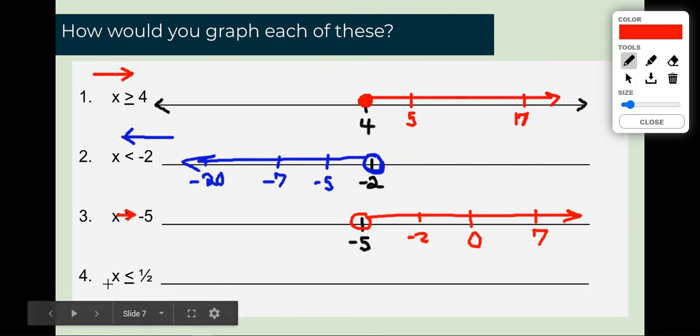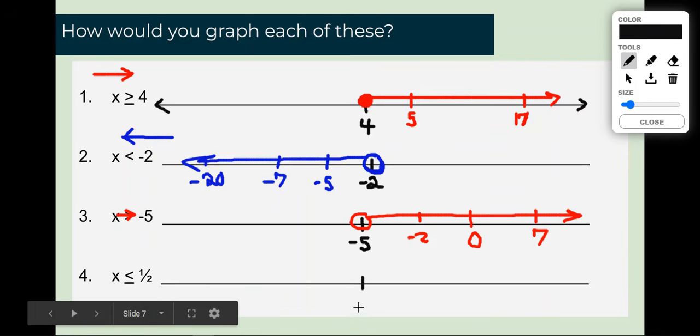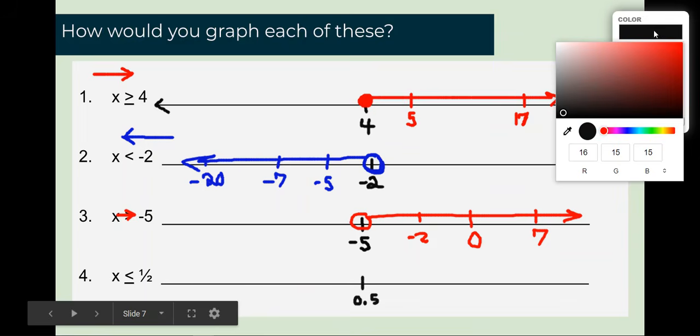The last one is asking us to graph x is less than or equal to 1/2. You can either write it as 1/2 or you could write it as 0.5. Now, if you were looking on a graph, you'd have to probably find it between 2 points. But since we have a graph here that's unlabeled, we can just write our point in. Do you think it's going to be an open circle or a closed circle?